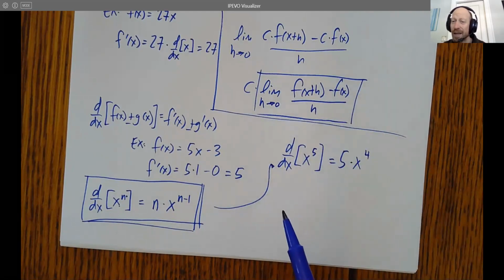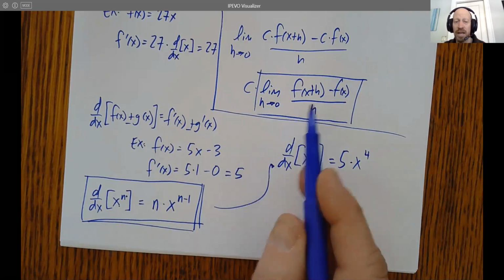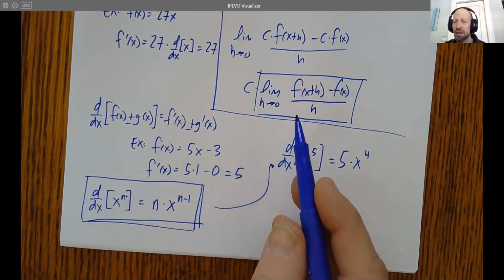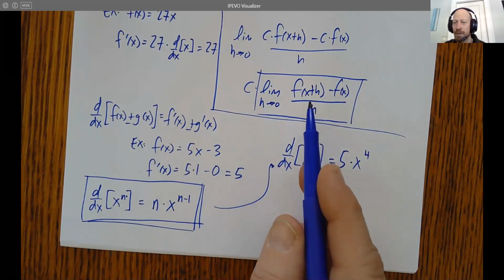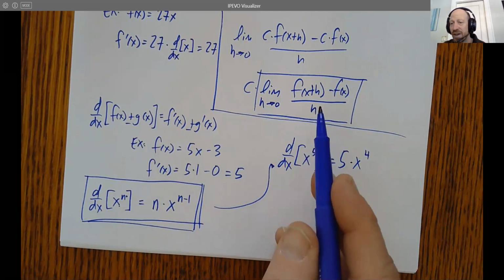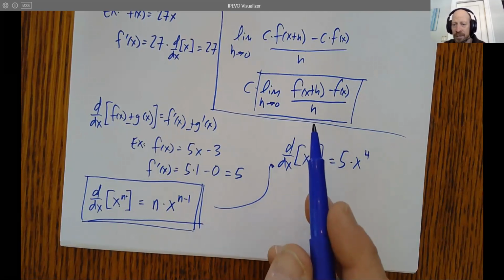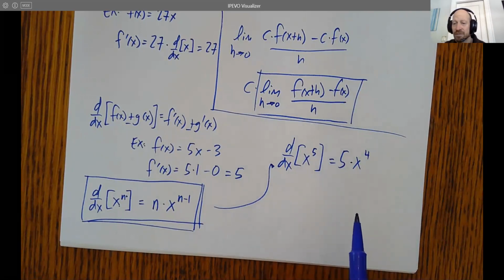You could do that, but it turns out it's a lot of work. You're going to have to raise x plus h to the 5th, which is a really unpleasant algebra problem, and then subtract, divide by h, take the limit, and if you do all that work, you'll get this 5 times x to the 4th.